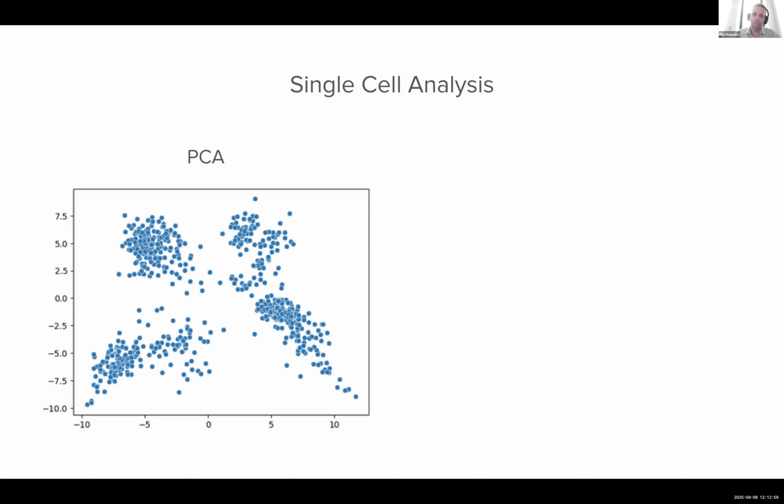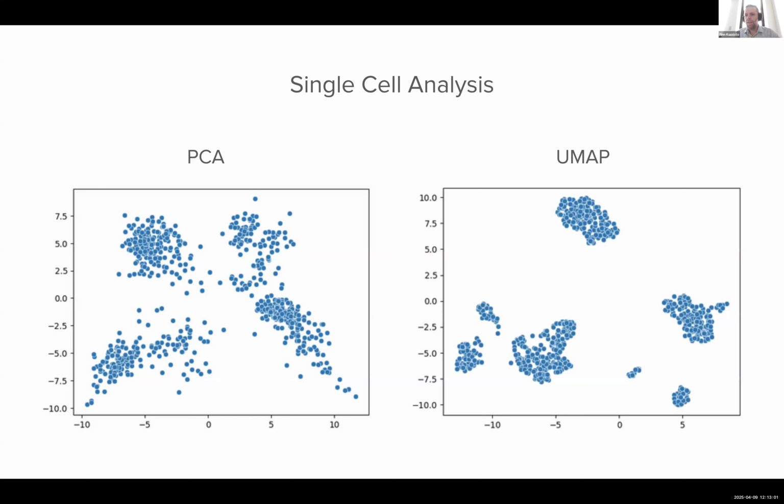More recently, there are new methods that use statistics and borrow some ideas from machine learning to come up with more nonlinear projections into lower dimensional spaces that can capture more local information about, say, cell groups. UMAP here is on the right, on the same data set.